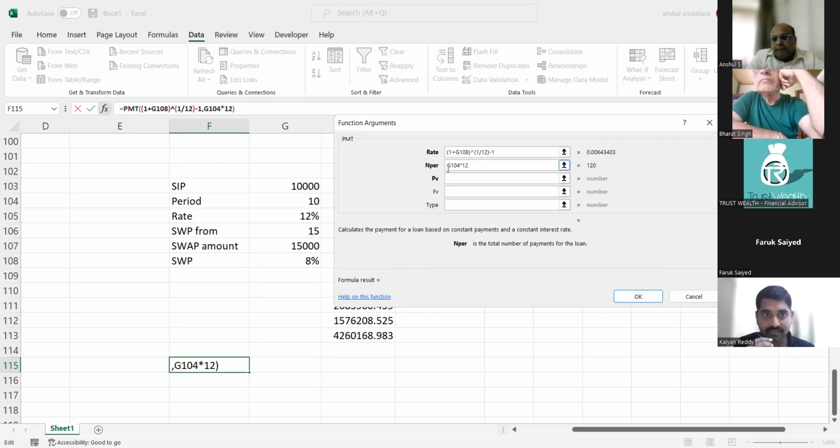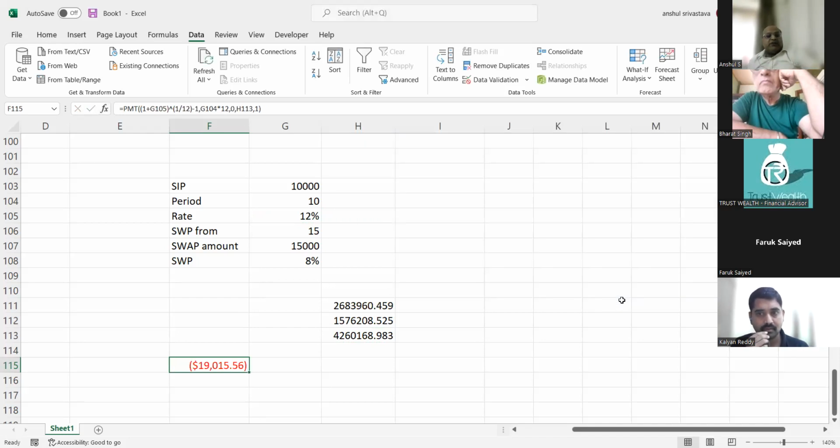You took 8 as a percentage. हाँ, my mistake. Investing time को 12 है, correct है. 12%, exactly. PV is 0. Initial investment कोई नहीं है. There is no initial investment. So 0. Future value is this amount, 42,6168, and type is 1. So 19,015 is the amount.